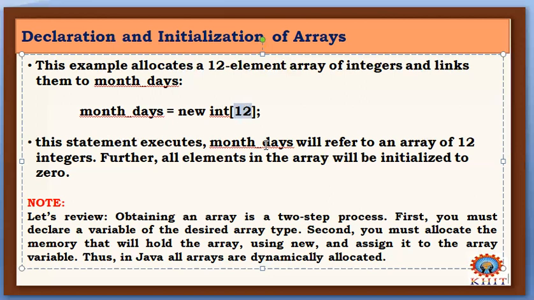So month_days is equal to new, there is operator new, and then followed by the type. Okay, what type of values you want to store, and in the bracket you need to specify the number of locations you want. So when this statement executes, month_days will refer to an array of 12 integers. Further, all the elements in the array are initialized to 0.